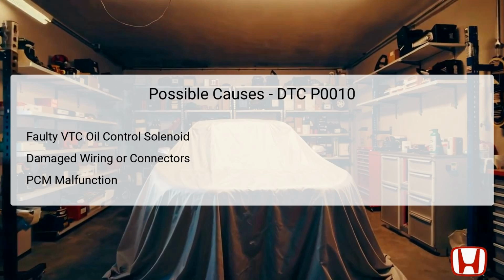Additionally, a malfunctioning PCM itself may incorrectly process the return signal from the VTC, leading to an abnormality being registered. Each of these factors is crucial to thoroughly check during diagnostics, as they contribute directly to the VTC system's ability to function correctly and maintain optimal engine performance.